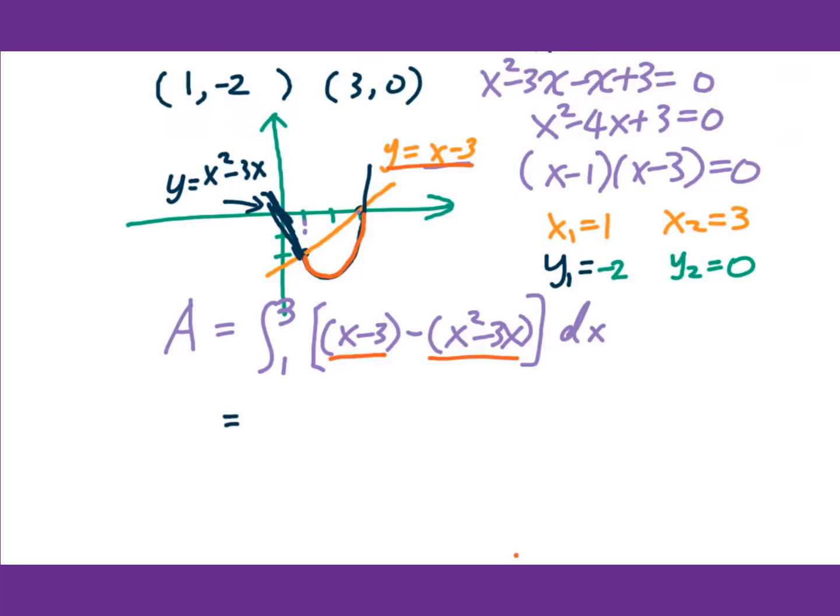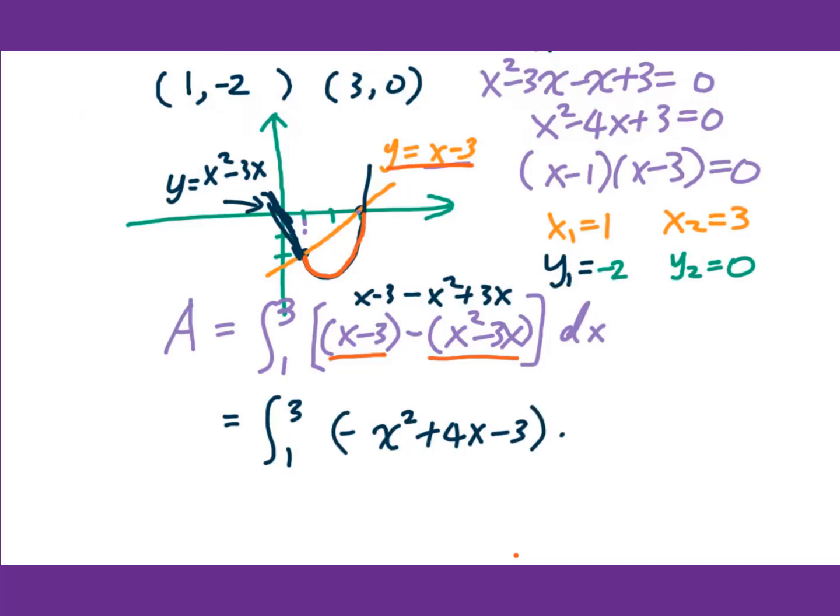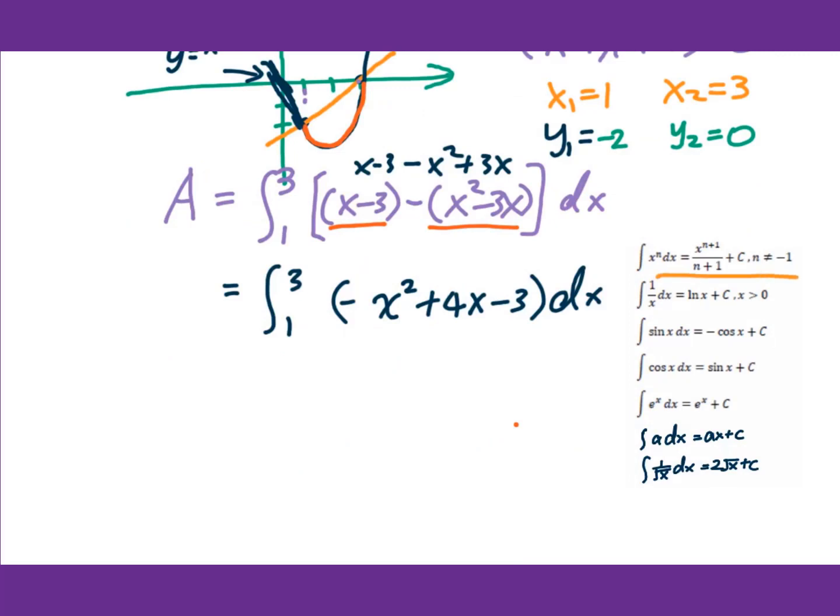Then we combine like terms. You will get negative x squared plus 3x plus x minus 3, which is negative x squared plus 4x minus 3, dx. Then you can use the power formula.